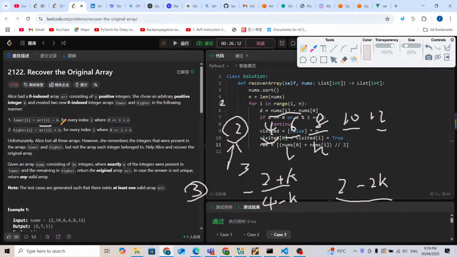For example, the original number is x, with x minus k and x plus k. X minus k equals 2 and x plus k equals 4, so 2x equals 6, and x equals 6 divided by 2, which is 3. So this is how we calculate it. Definitely it is just a mathematical formula.